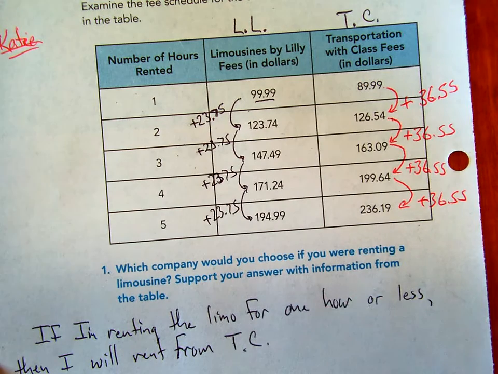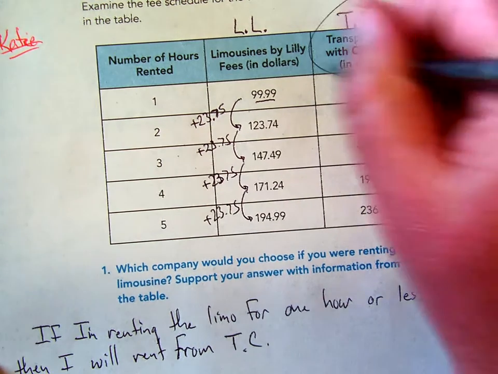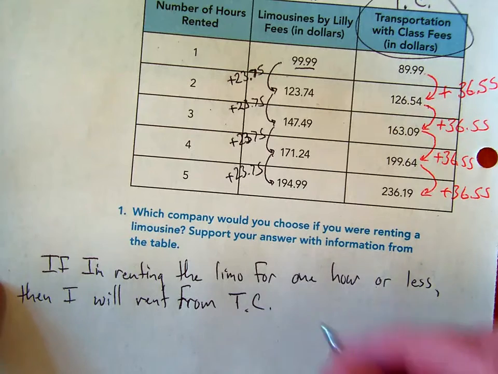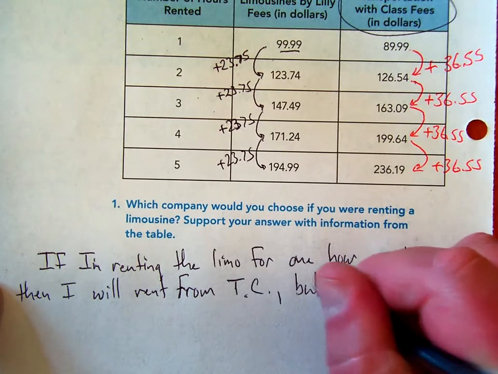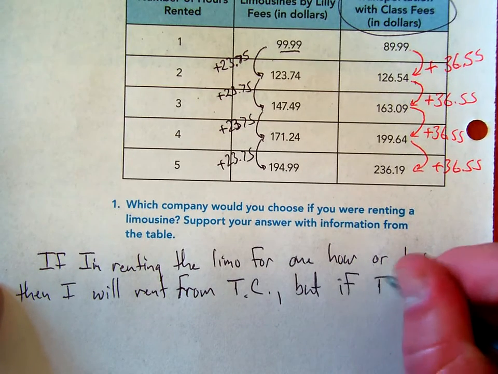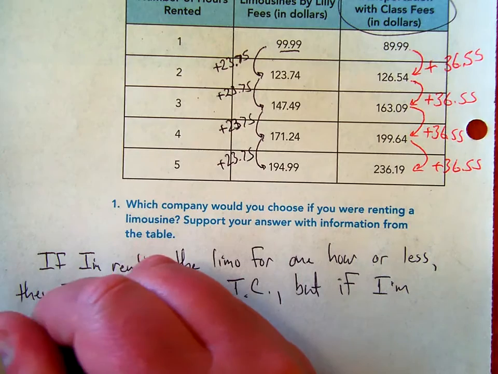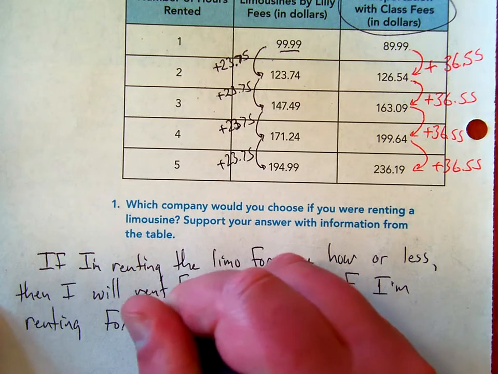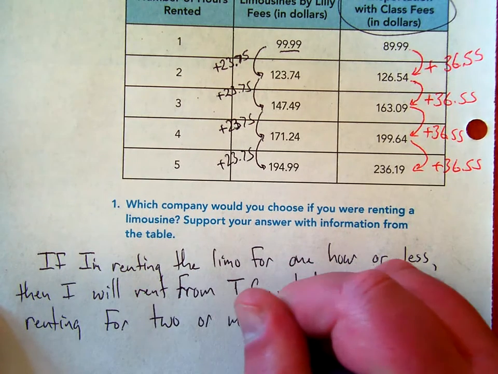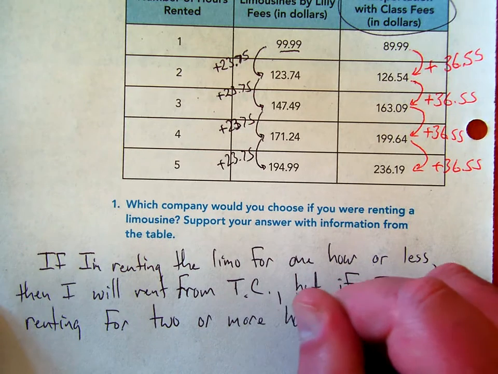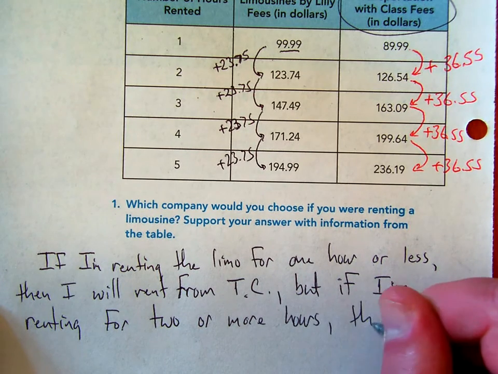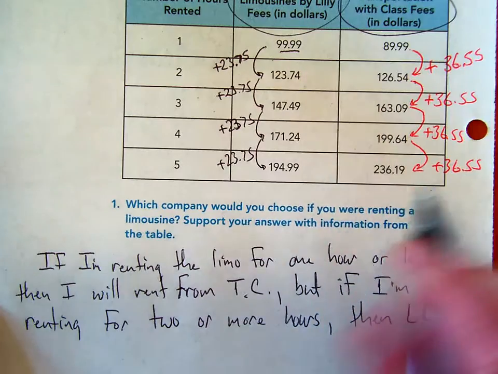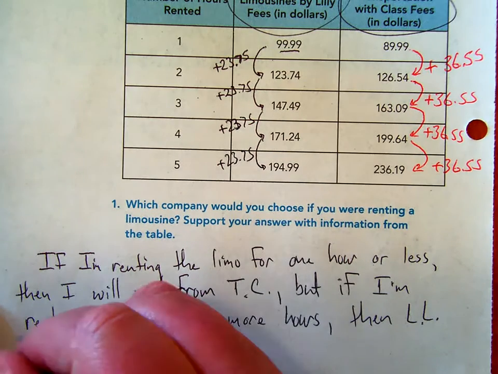I'm putting TC because I did my designation there that TC was Transportation with Class. But if I'm renting for 2 or more hours, then Limousines by Lilly, and again, I use my LL for Limousines by Lilly, is the better deal.